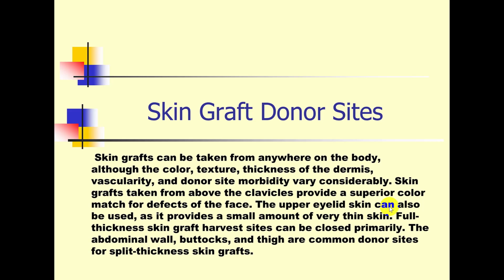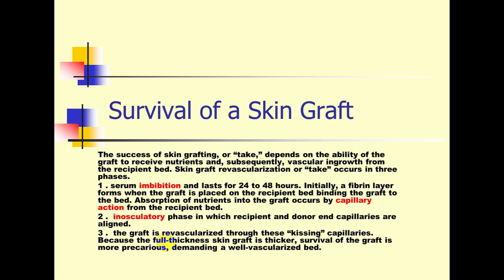The upper lid skin can also be used to provide a small amount of very thin, full thickness skin graft, harvested and closed primarily. The abdominal wall, buttocks and thigh are common donor sites for the split skin graft.